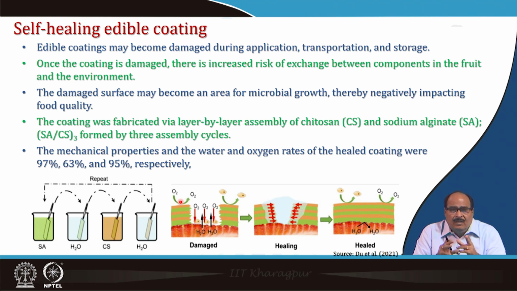So the coatings are fabricated by layer-by-layer application of chitosan and sodium alginate, formed by 3 assembly cycles etc., to ensure that if there is any damage it is self-healed. The mechanical properties and the water and oxygen barrier properties of the healed coatings were found to be 97%, 67% and 95% respectively, and the reference for this is also given here.